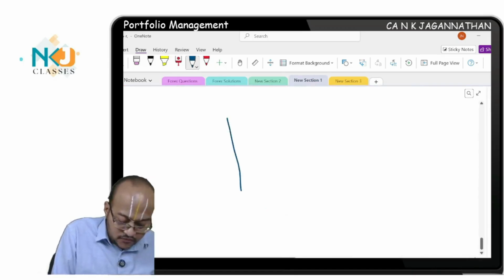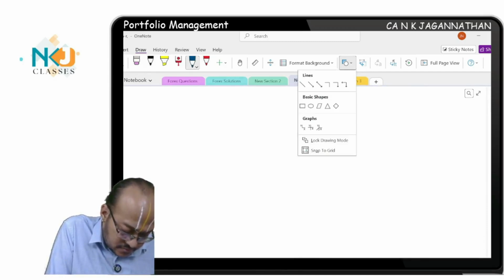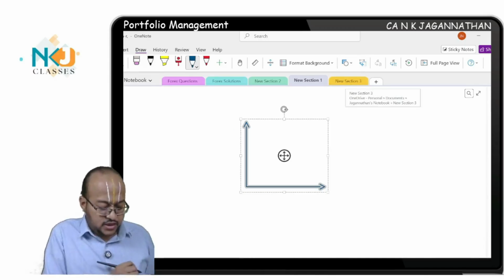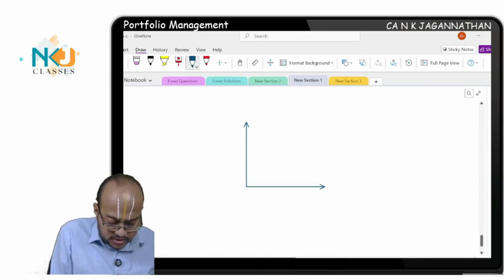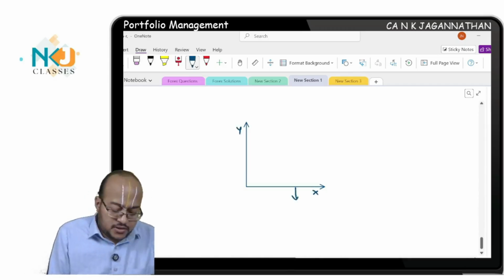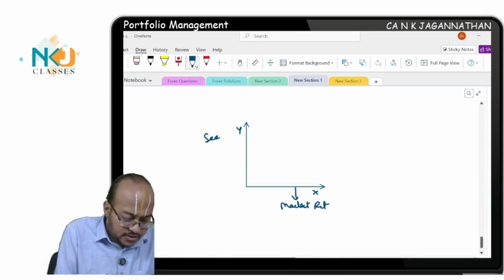Very simple. We have this graph; this is the y-axis and this is the x-axis. The x-axis is the market return, and this is the security's return.